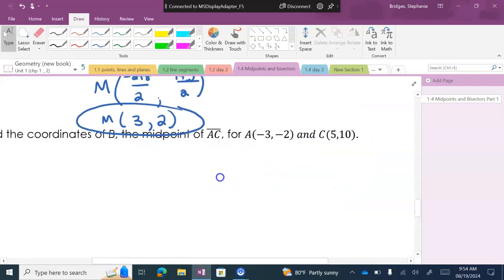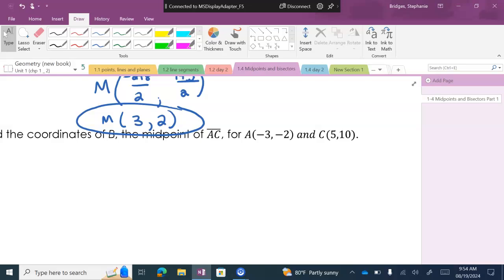All right, go ahead and try the next one, just like the first one. It gives you A at -3 and -2. It gives you C, and it wants you to find the midpoint between the two. Add the x's, divide by 2. Add the y's, divide by 2.